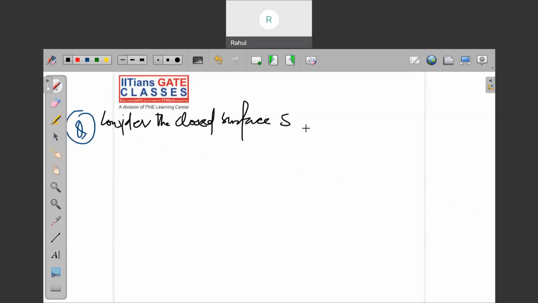Consider the closed surface S surrounding a volume V.